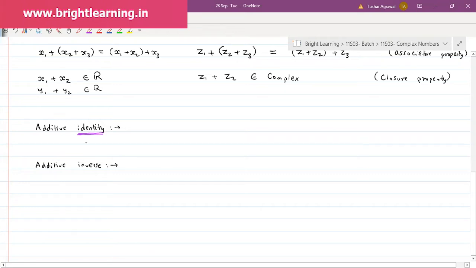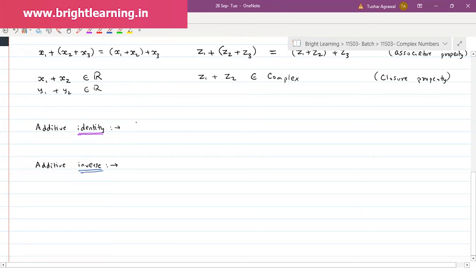I will not write the complete sentence definition of these two. These are very trivial terms. We have already studied them in the set of real numbers. Roughly speaking, identity with respect to addition.